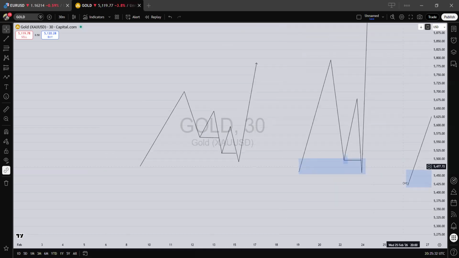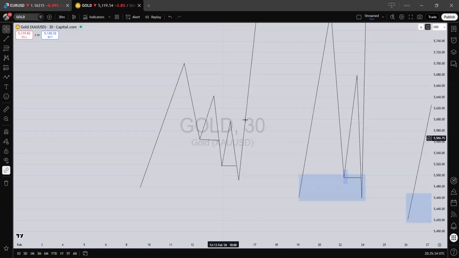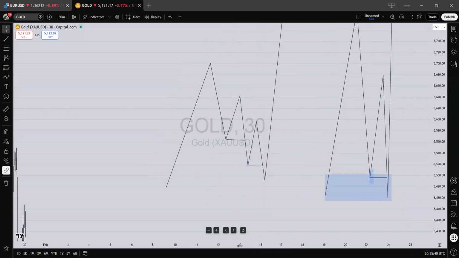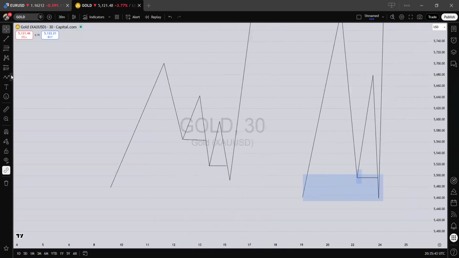Now, what are the things to take note of? There is no break of structure. Each high is protected. Each high is a lower high to the other. Okay?